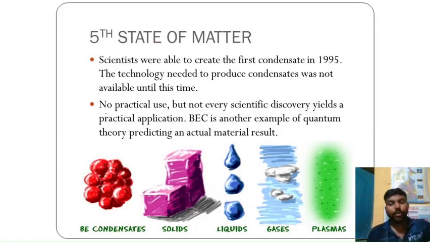That theory we can explain specifically in quantum theory. That is an important example, but in our practical life we cannot show the applications. It is a scientific discovery, but we cannot see it in the normal field like solid, liquid, gas that we are looking at.